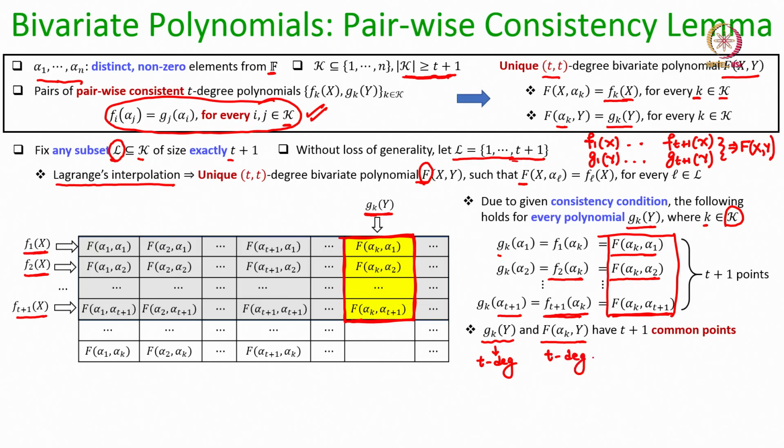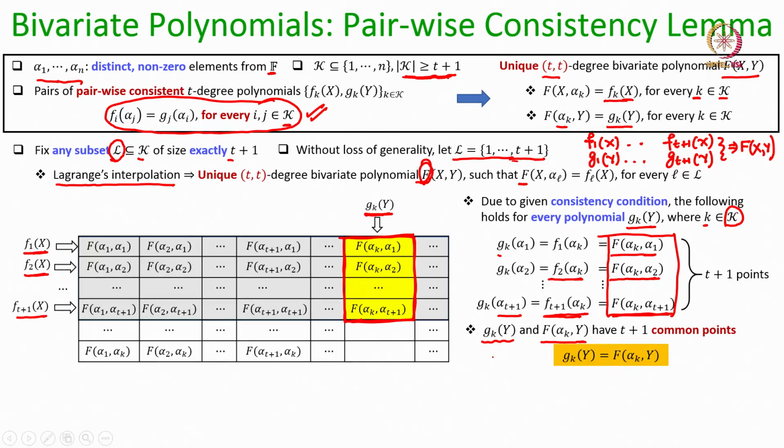That means, what I have shown here is that the kth y univariate polynomial which is given to me and the kth column polynomial of the interpolated bivariate polynomial have t plus 1 common points and their degrees are t. So, we know that if two t degree polynomials have t plus 1 or more common points, then they are the same polynomials.